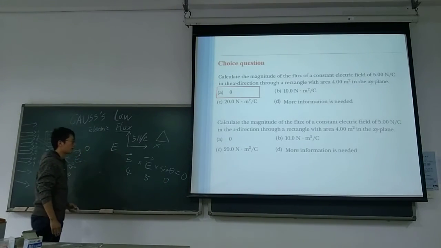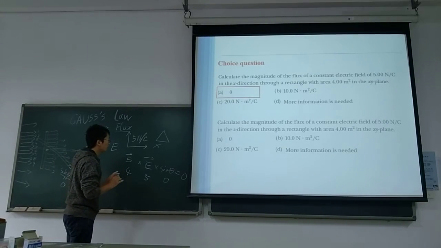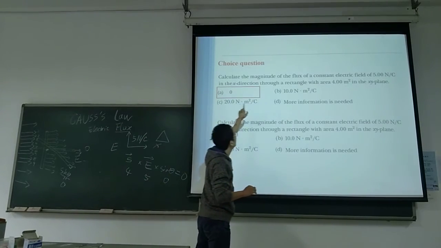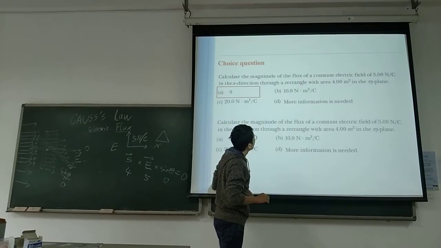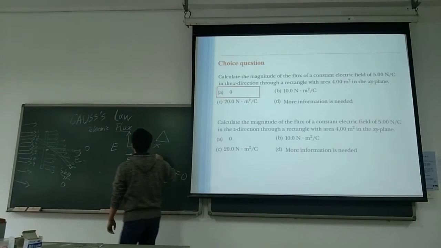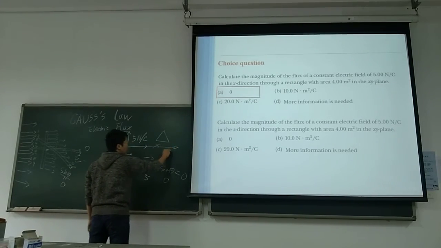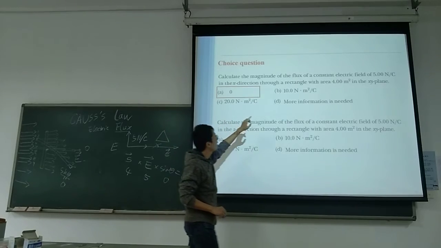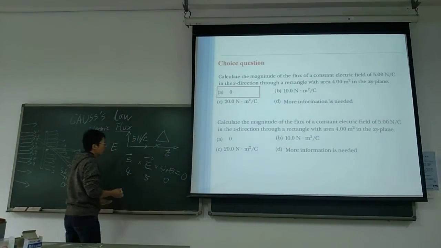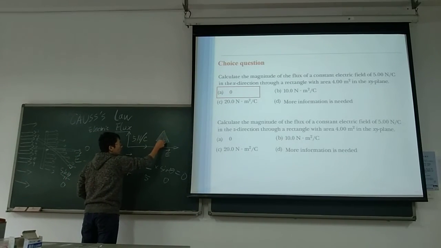The theta is the angle between the surface and the electric field. As we said in the question, the electric field is in the x direction, and the rectangle is in the xy plane, just like I draw here.